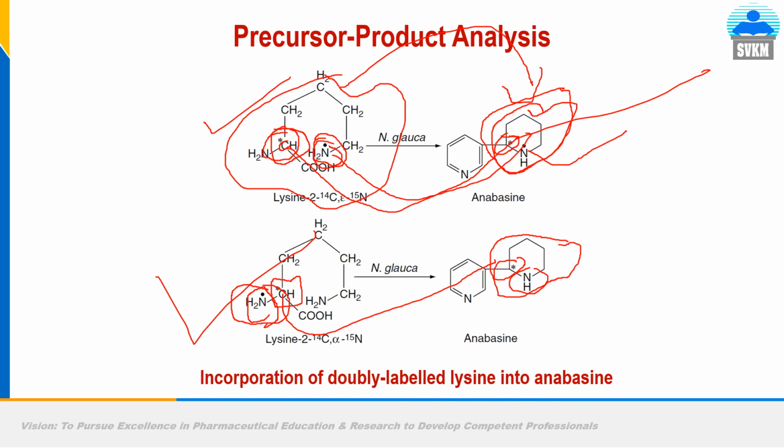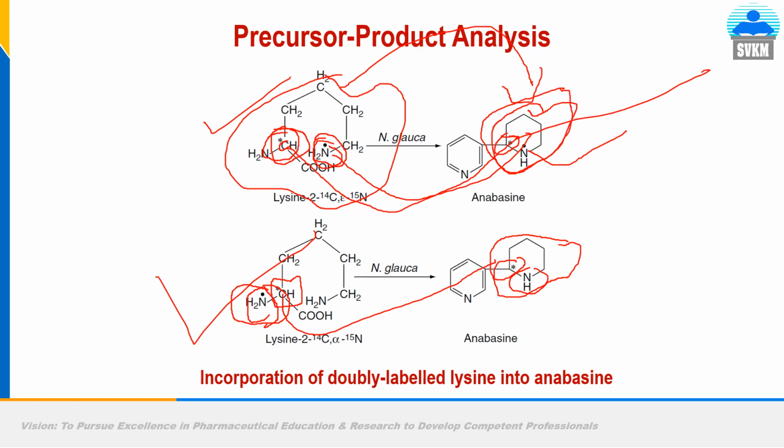So in this way, by using multiple labeled compounds, we can come to a conclusion about which atoms of a particular molecule are being utilized. One thing is clear, that lysine is the precursor for the biosynthesis of the piperidine ring of anabasine. But what is the bottom line, the take-home message?